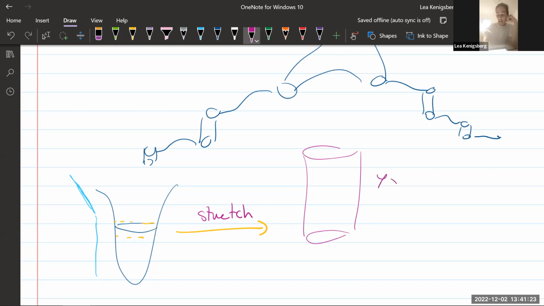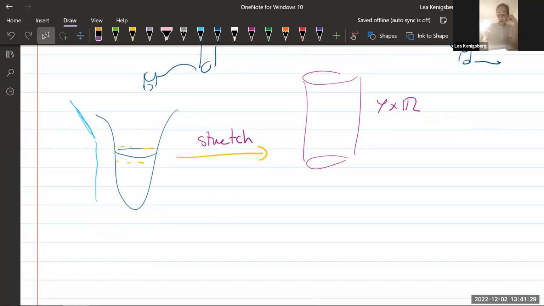The first one is symplectomorphic to the symplectization of Y, and the second one is your original thing.